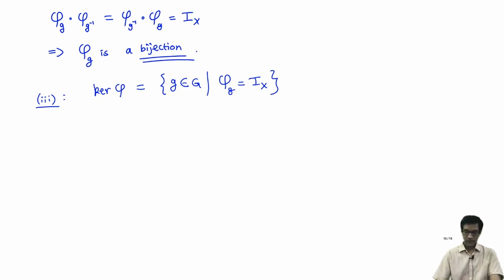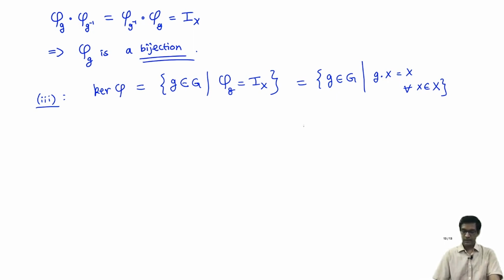Okay, but what does that mean? That is, it's all those group elements g in G which have the property that g acting on x equals x for all x in the set X.